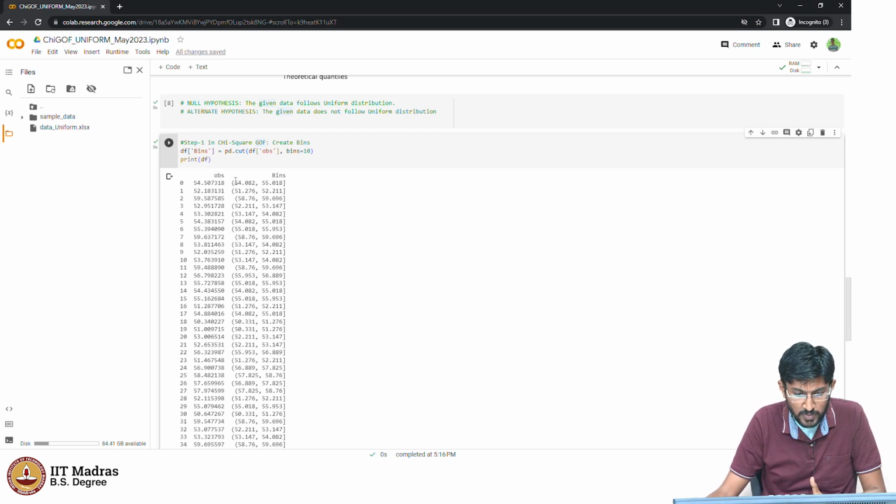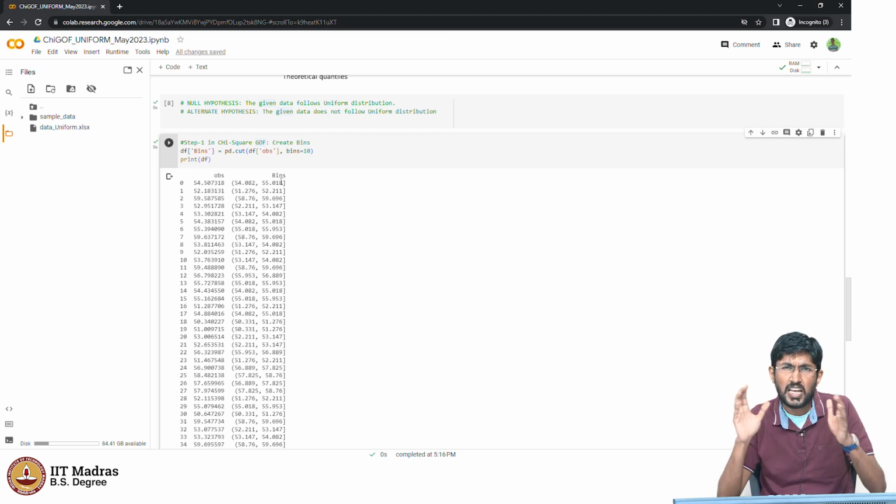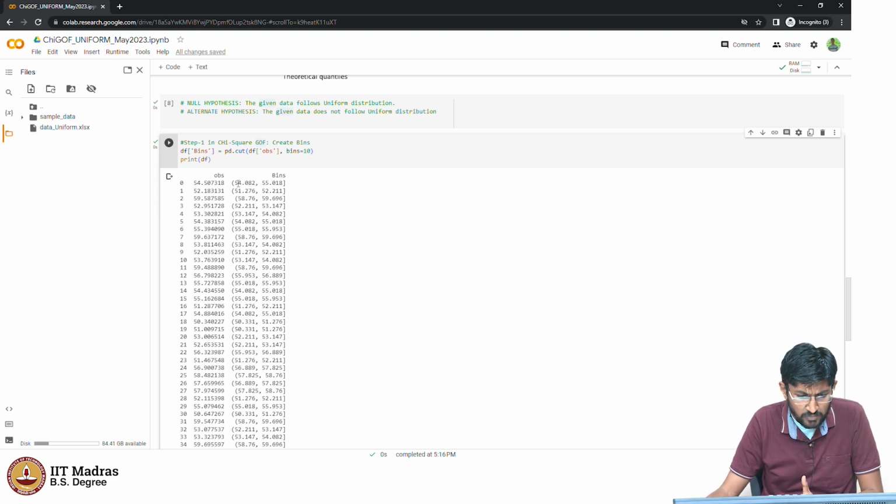So my first observation is going to fall in a bin of length 54.082 to 55.018, and each bin is going to be approximately of the same length. If you calculate the length, it should be coming to around 1.3 to 1.4. So each of these observations now falls into a particular bin.